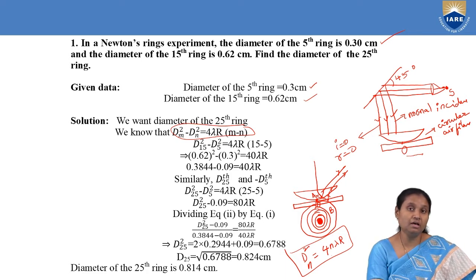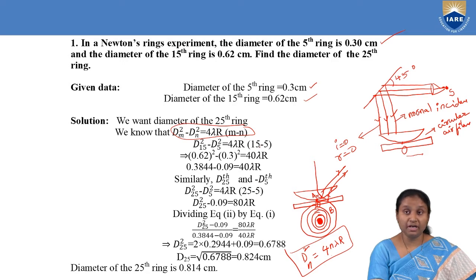Both m and n are orders of dark rings. Here, m is my 15th ring and n is my 5th ring. And we are not given the values of λ or R.